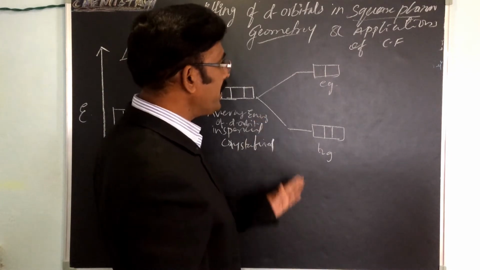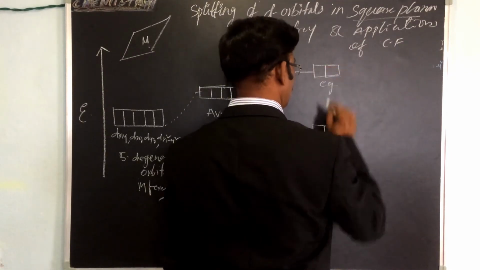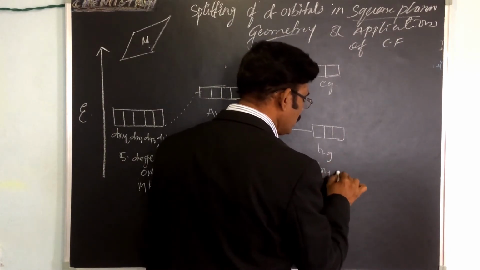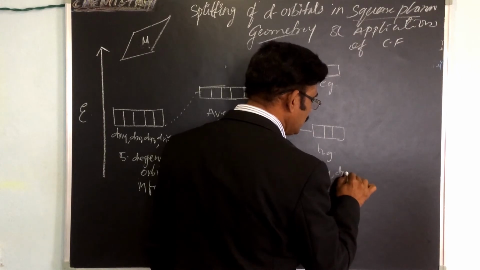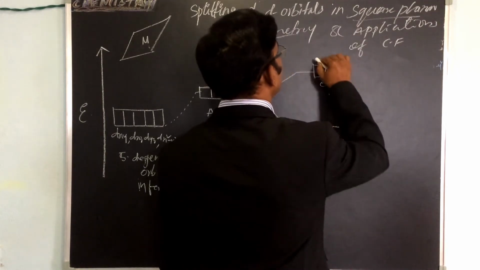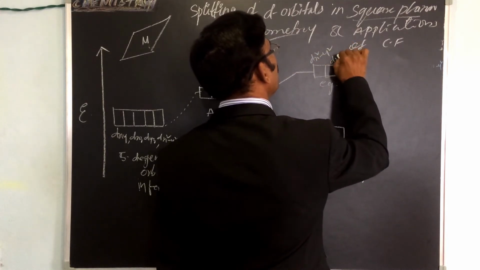And then again here two and three. In the t2g set, dxy, dxz and dyz. In the eg set, dx square minus y square and dz square.